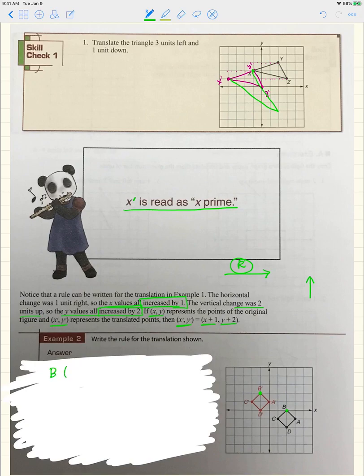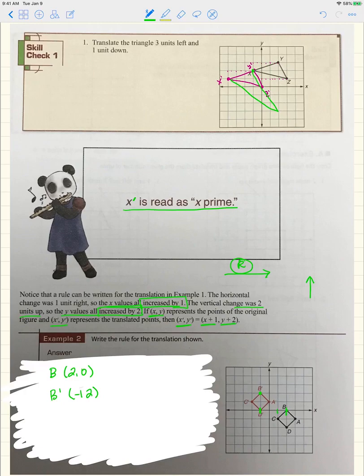Well, let's write the coordinate points of point B. It is 2, 0, right? 2 units on the x-axis, no units up on the y. So the coordinate points of B are 2, 0. The coordinate points of B prime are negative 1, 2: it's moved over 1 on the x-axis from 0, and 2 units up on the y. So B prime is negative 1, 2.